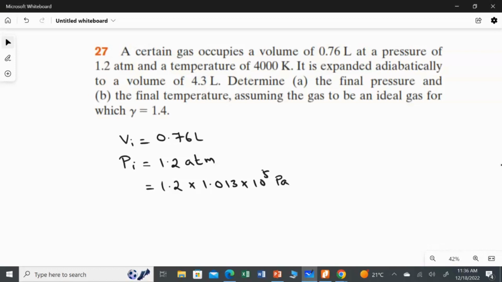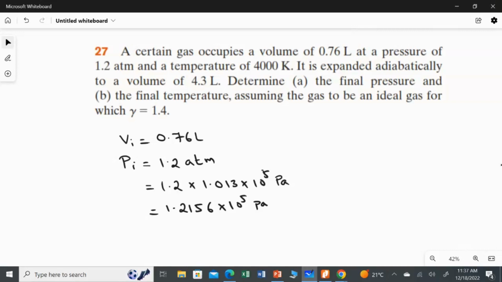So 1.2 multiplied by 1.013 times 10 power 5. I got the answer here as 1.2156 times 10 power 5 Pascal. So this is the value of the pressure in terms of Pascal. This is our initial pressure.